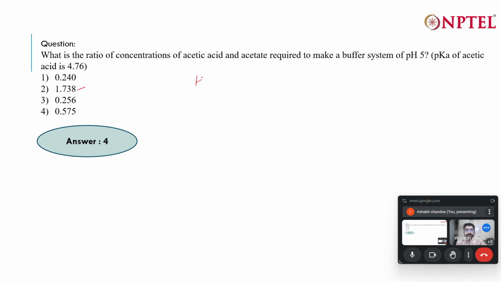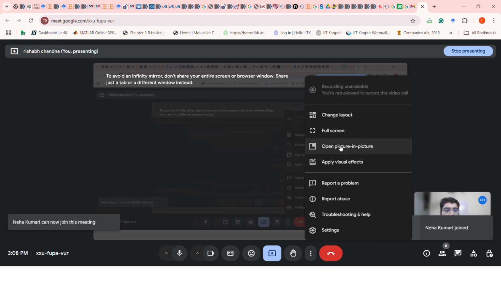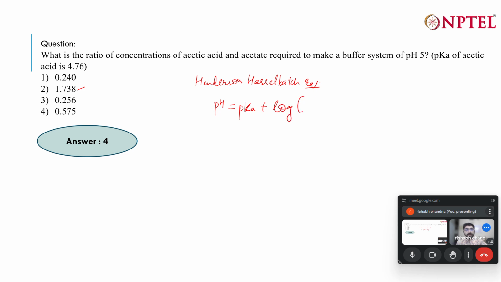So remember the Henderson-Hasselbalch equation. Okay, so it states that the pH is equal to pK plus log of proton acceptor by the proton donor.